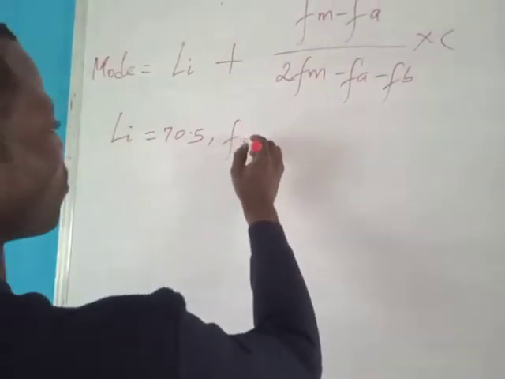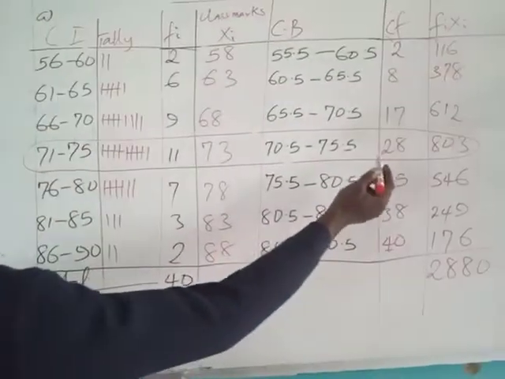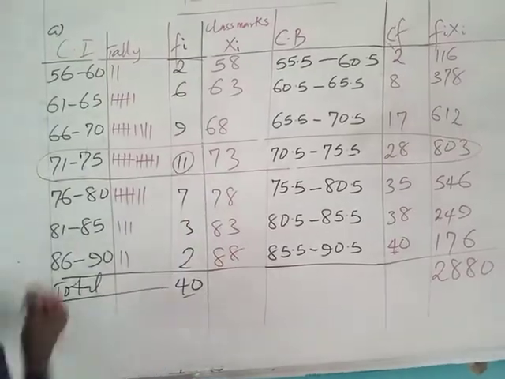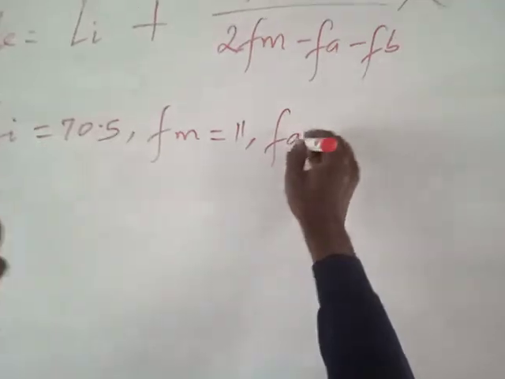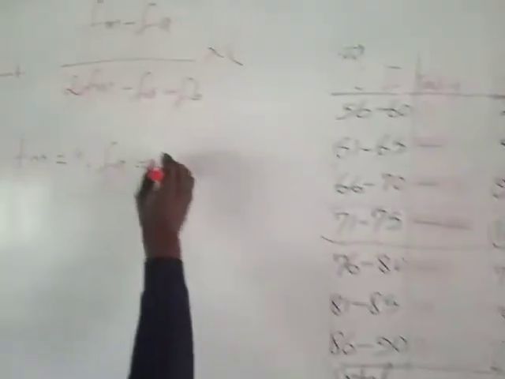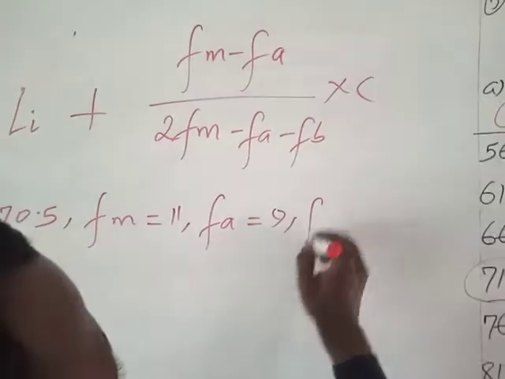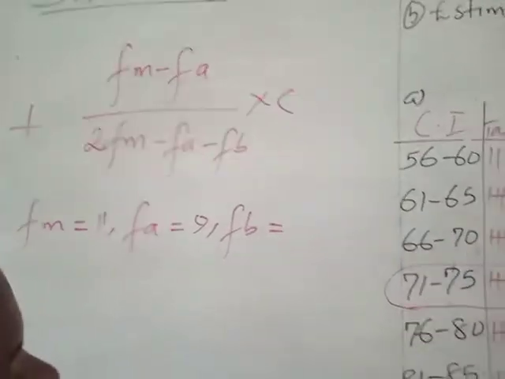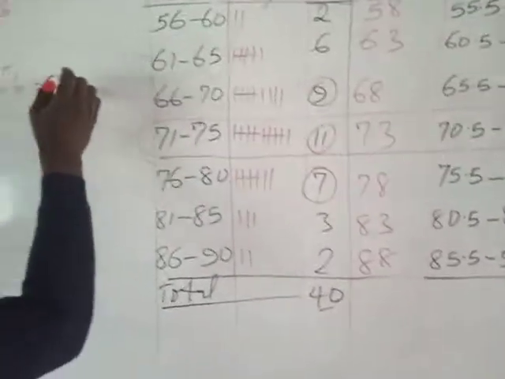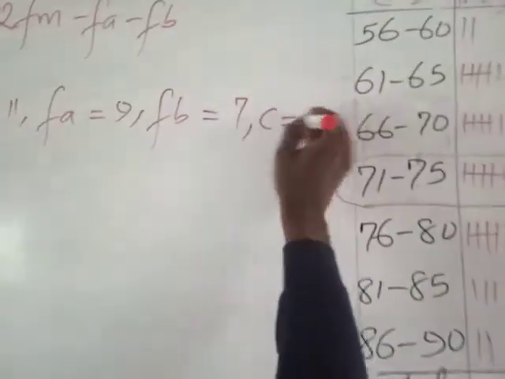So Fm, the frequency of the modal class, is 11. Then Fa, the frequency above it, is 9. And Fb, the frequency below the modal class, is 7. So our C is equal to 5.